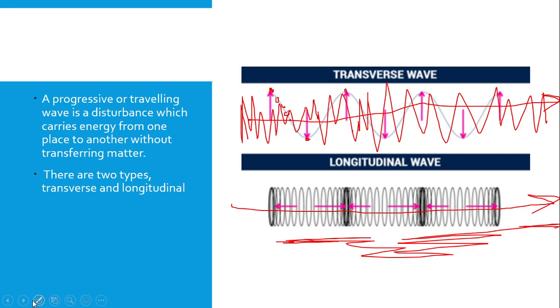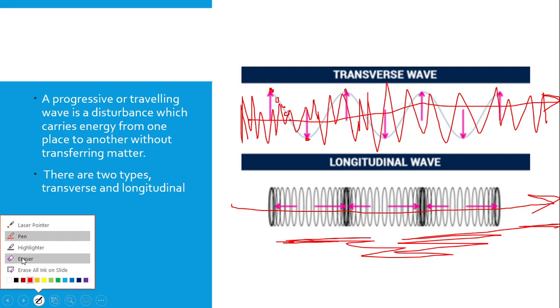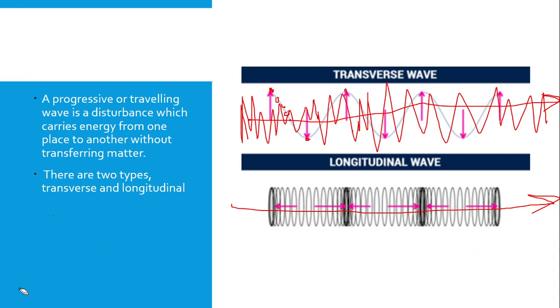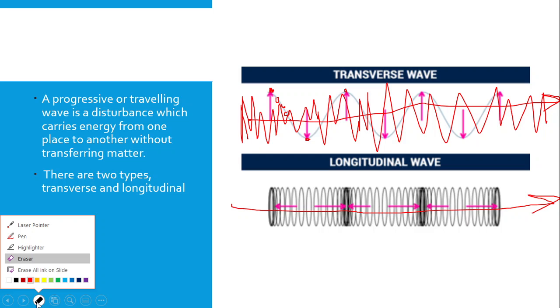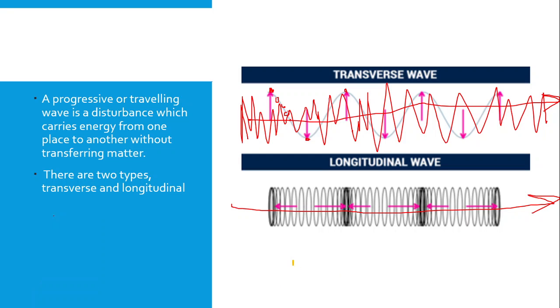I'm sorry, this is not in the same plane. It got a little twisty, but the particles move like this, a to and fro vibration. This is like a spring, a slinky, which is moved in this direction.